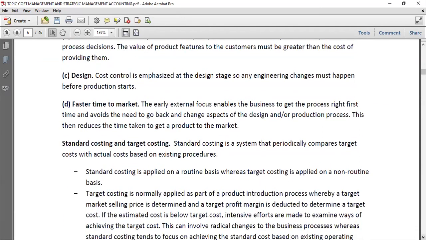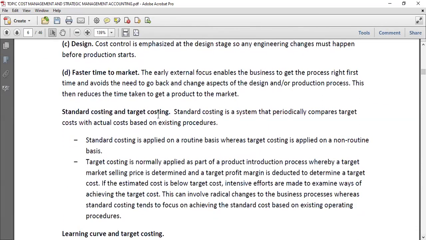So just a comparison between standard costing and target costing. I believe you now have an understanding of standard costing, where we looked at standard costing and variance analysis. Standard costing involves setting targets for unit costs, on which we measure ourselves routinely.